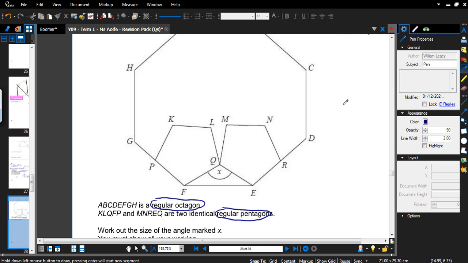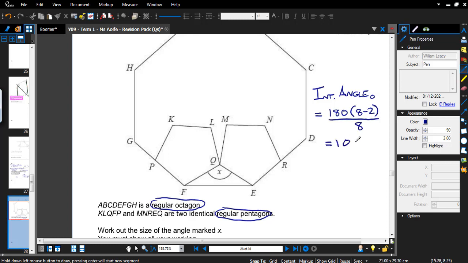Regular octagon. So I'm going to call it int angle, with an O for octagon, equals 180 times n minus 2, which is 8 minus 2, over n, which is 8.